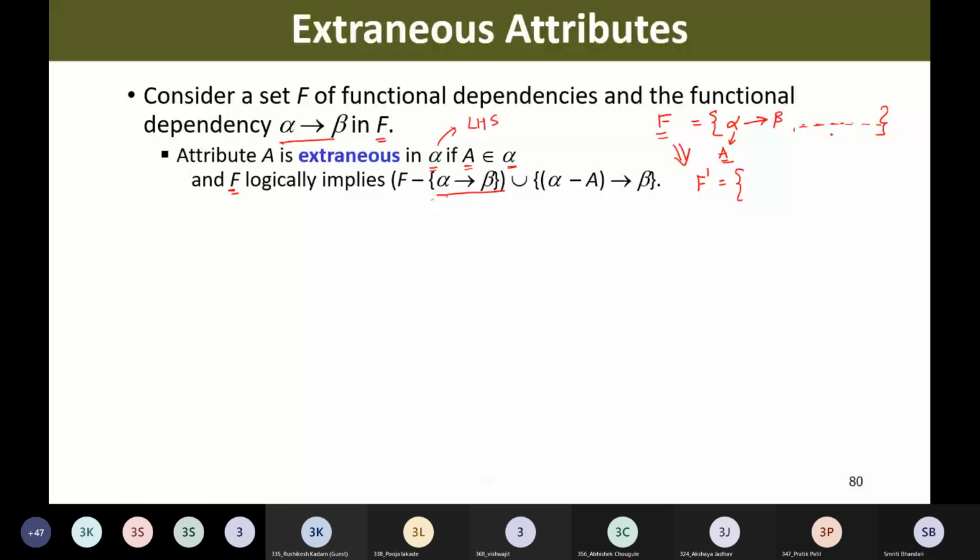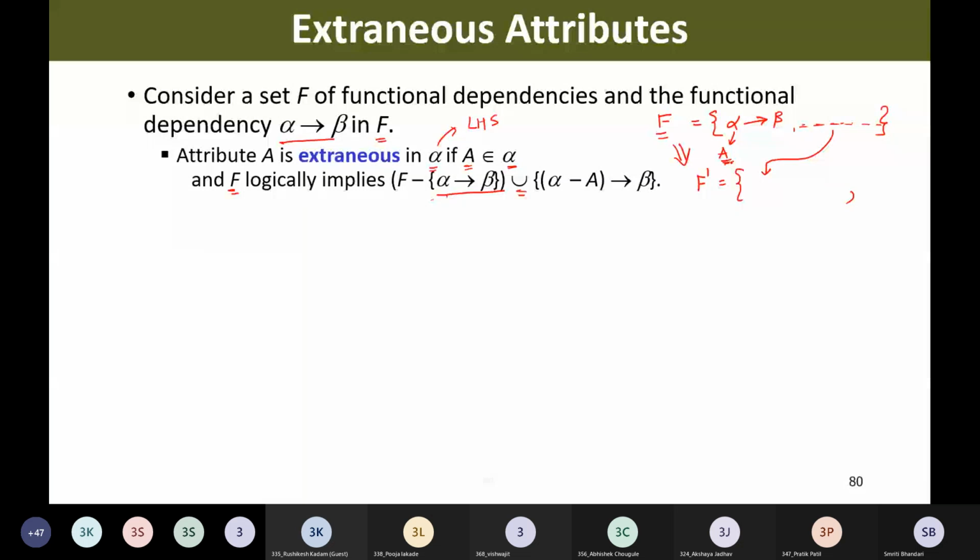We are now adding the new dependency that we get after omitting this attribute A from the left hand side of the functional dependency. So we will not have this alpha to beta as it is. Instead, we will have all remaining dependencies plus alpha minus A to beta.